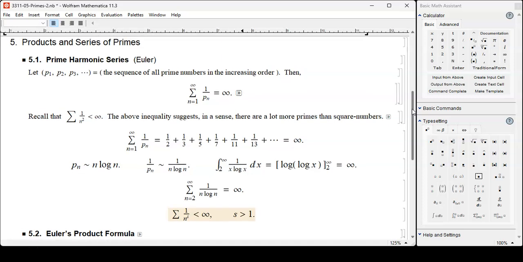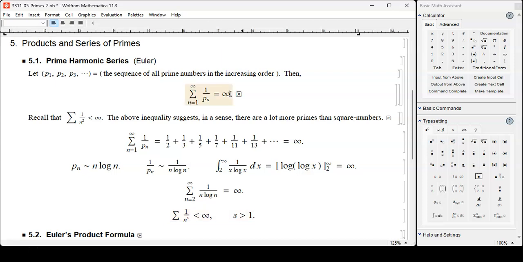And that's related to this prime harmonic series theorem, basically. And as a matter of fact, historically speaking, this proof by Euler opened the door for these kinds of treatment.